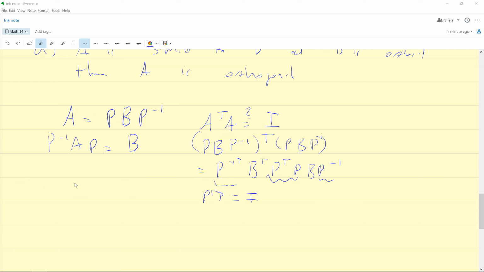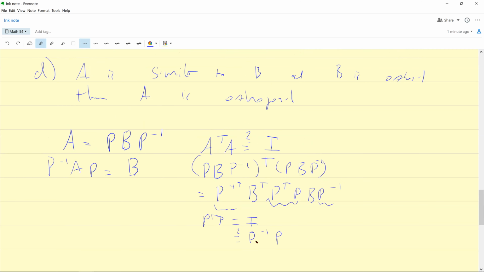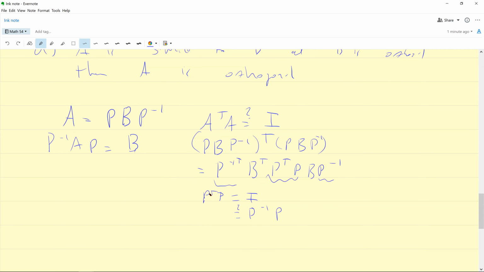So does P transpose P equal P inverse P? Are those interchangeable? Only when P is orthogonal, right? Okay. Because this is what it means to be an orthogonal matrix. That's this equation, or equivalently saying that its transpose is its inverse.